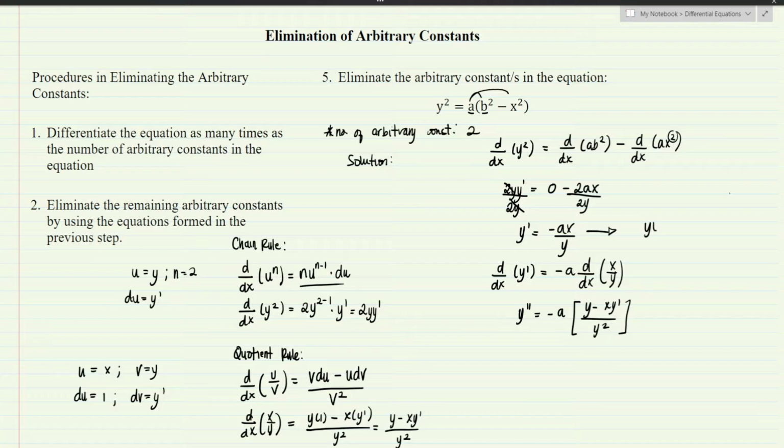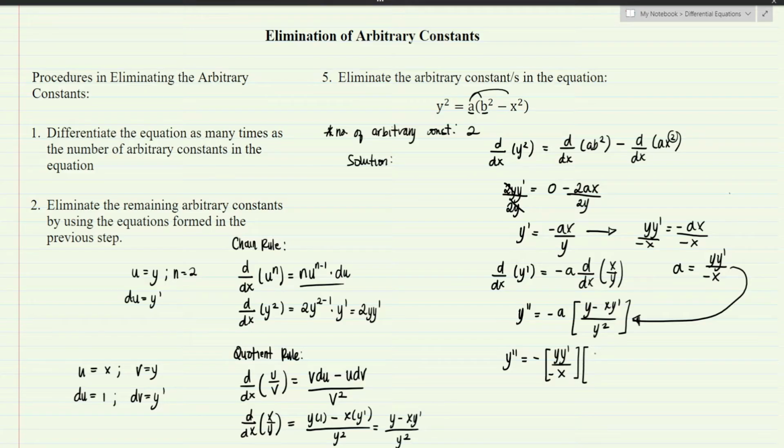So I would have here y prime equals negative ax. Then dividing both sides by negative x, I would have here a equal to y prime over negative x. Okay? So I will use now this equation for a, then substitute it to our second derivative. So I will have here y double prime equals negative y prime over negative x, then multiplied by y minus xy prime over y squared.